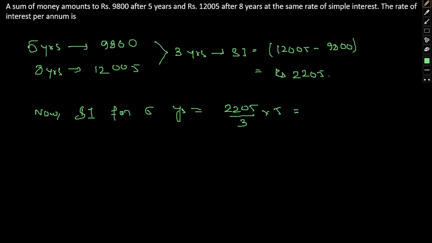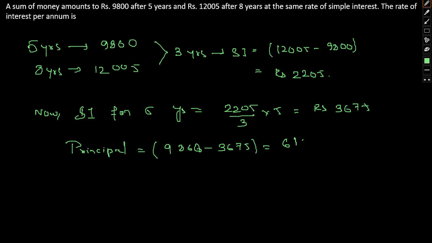This comes out to be rupees 3675, and therefore the principal will be 9,800 minus 3675. So the principal will be 6125.